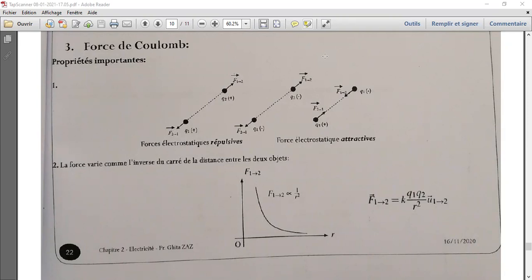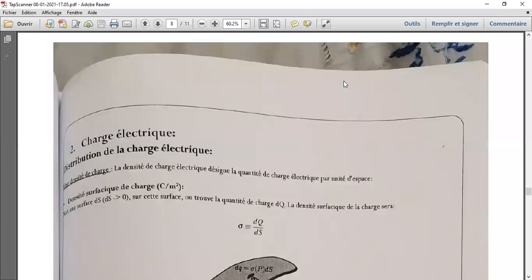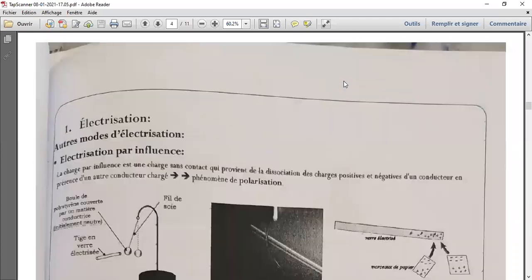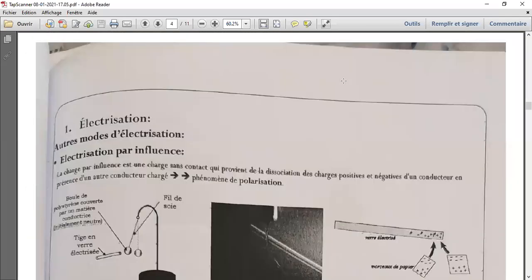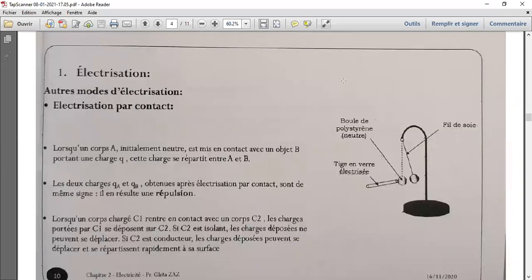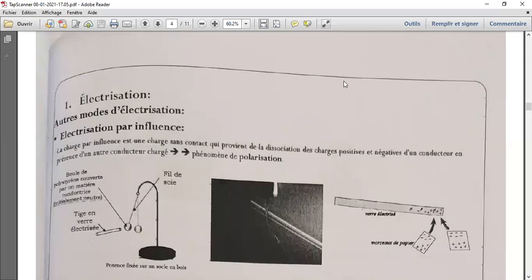We talked about the glass and the plastic: the glass is charged positive, the plastic is charged negative.